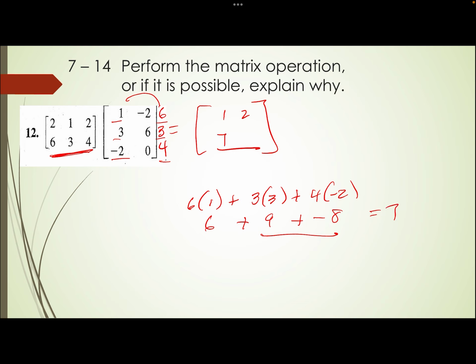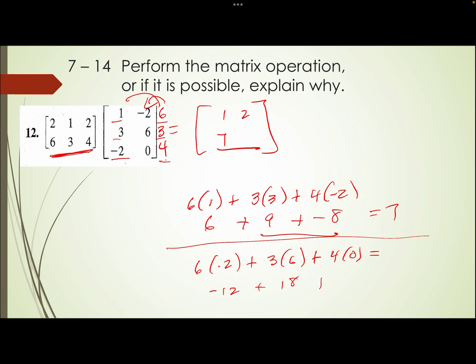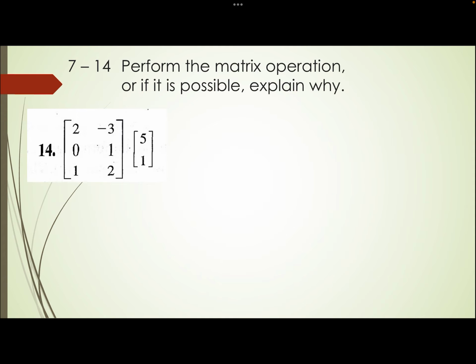And then I go on to the next column because I have 2 columns, so I got to keep going. So now I'm going to do 6 and negative 2 plus 3 times 6 plus 4 times 0. So I get negative 12 plus 18 plus 0, and that gives me 6. And so there's my product of these two matrices. 1, 2, 7, 6.